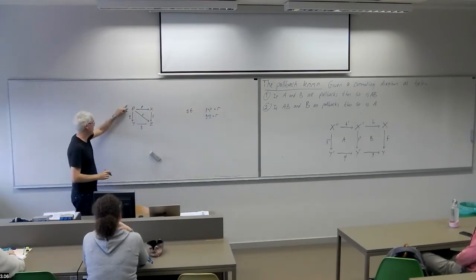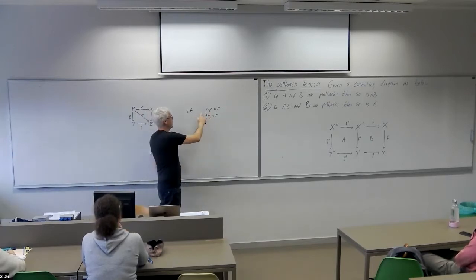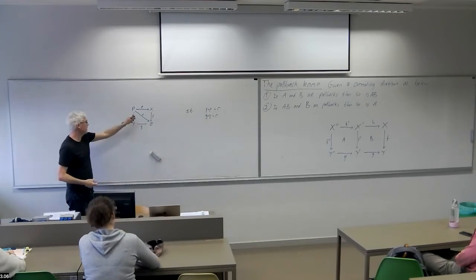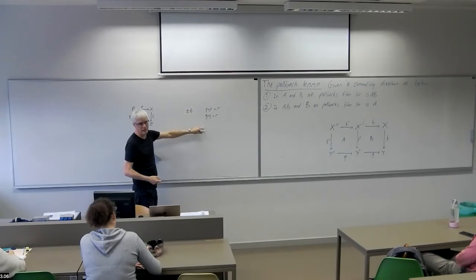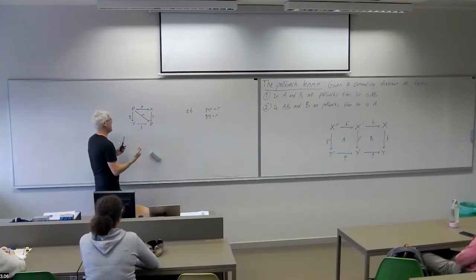So such data for a cone is given by 3 maps, but we see that the composite F with P and G with Q need to be the same. And given that they are the same, we don't really need to specify the map R because it is given by either of those 2 composites. So strictly speaking, a cone is 3 maps such that every triangle commutes.